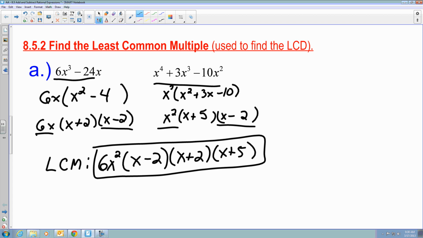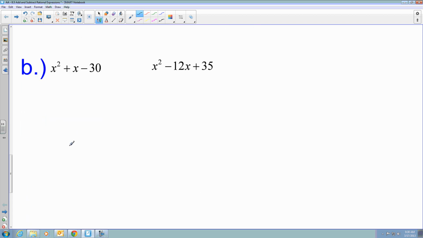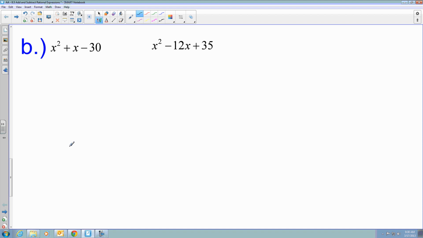Okay, so now they want us to find the least common multiple between x squared plus x minus 30 and x squared minus 12x plus 35. So again, I can use reverse FOIL here. I got x and x, plus and minus, and I can get a 6 and a 5.